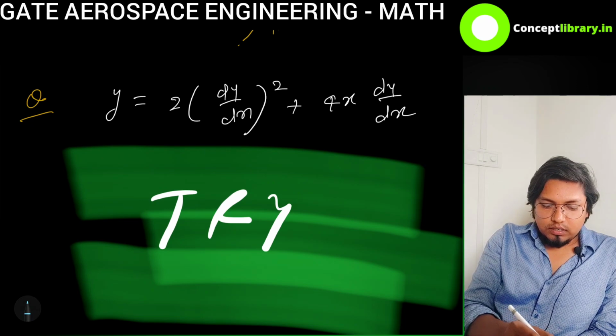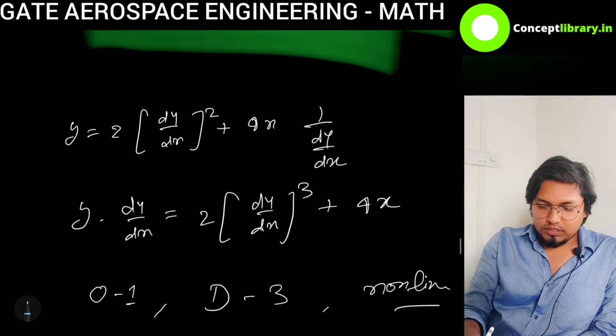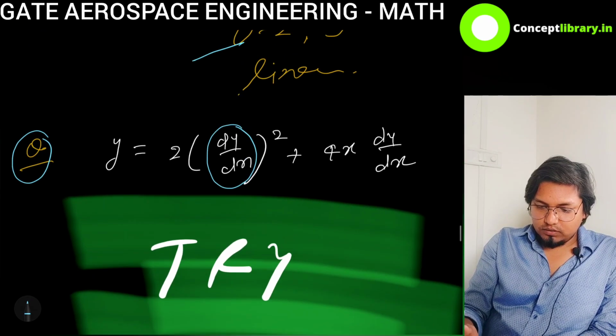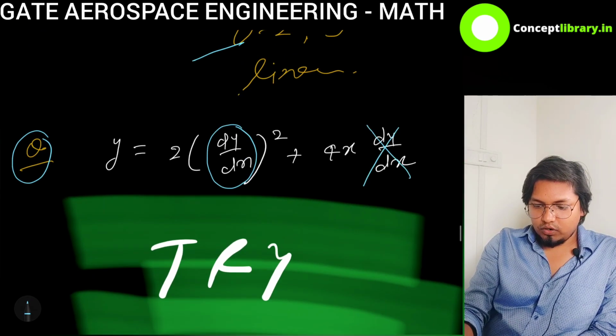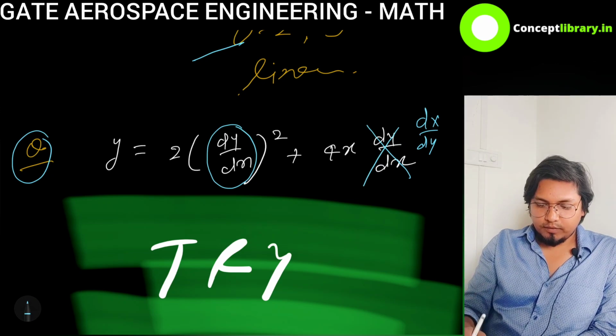Now take the next question, try by yourself and see the solution here. What to do? Here you have this dy by dx, and actually I have written it wrong, this should be dx by dy. In the question it is dx by dy.